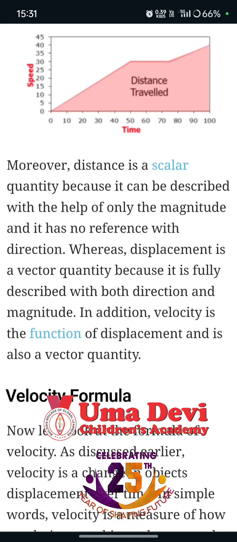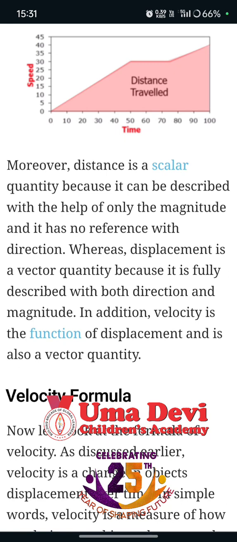One more thing I would like to discuss here. In case of speed, we were only considering the magnitude, but in the case of velocity, we will take not only the magnitude but also the direction. So displacement is a vector quantity because it is fully described with both direction and magnitude.